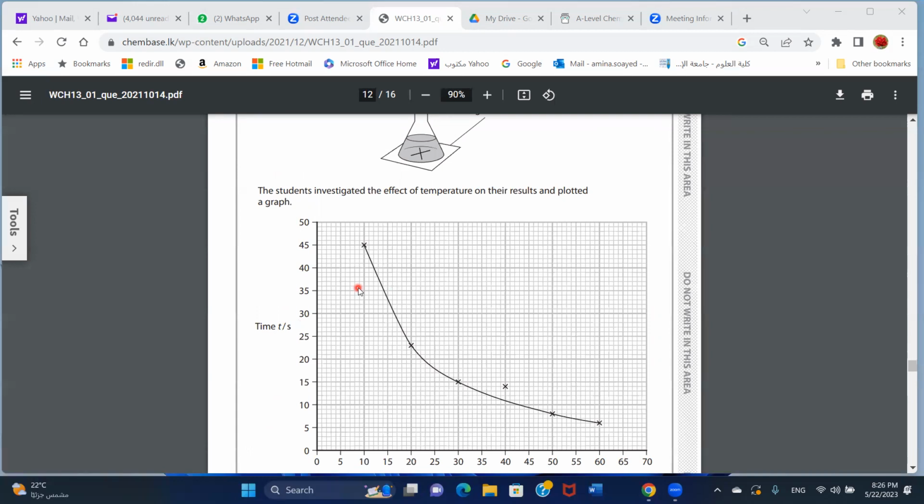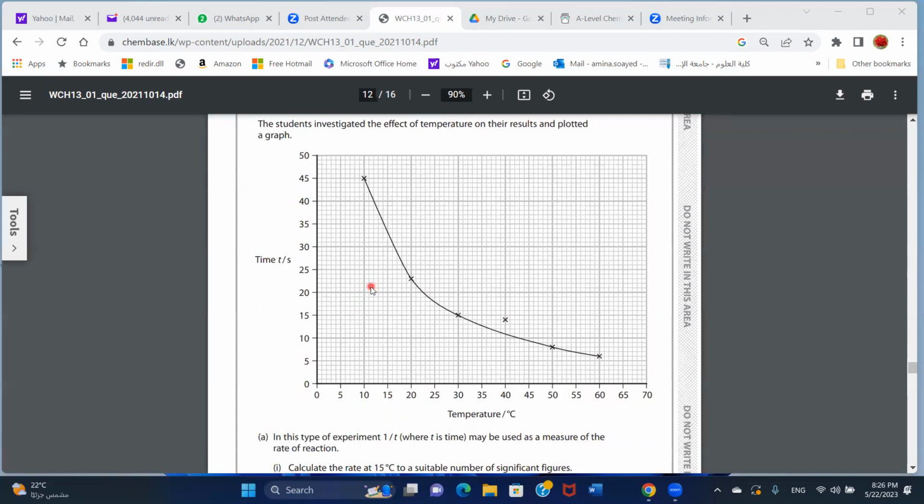Do we say that they do have to repeat the experiment since they got an anomalous change at 40 degrees? Do we say that they have to repeat the experiment because there was an anomalous point at temperature 40 degrees?